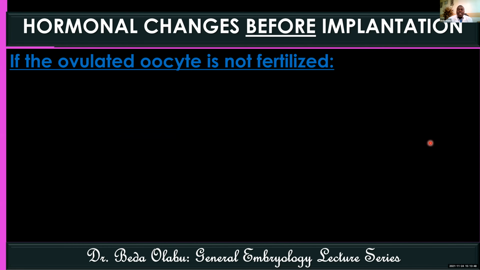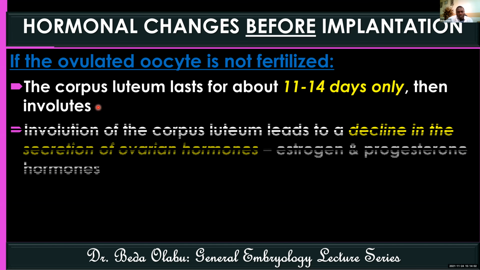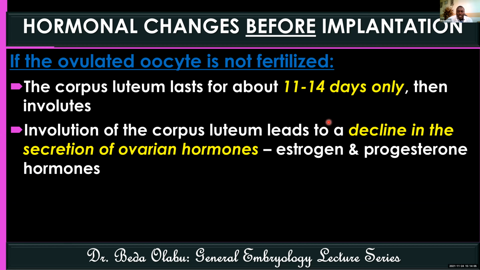In a month that the oocyte has been released, ovulation has taken place, but the oocyte is not fertilized, the corpus luteum will only last for about 2 weeks. Because the corpus luteum involutes, the hormonal production of the ovary also goes down. So we are looking at a decline in the levels of estrogen and progesterone.